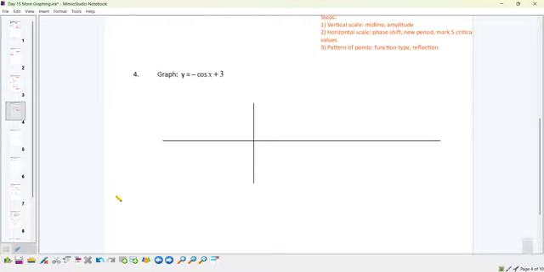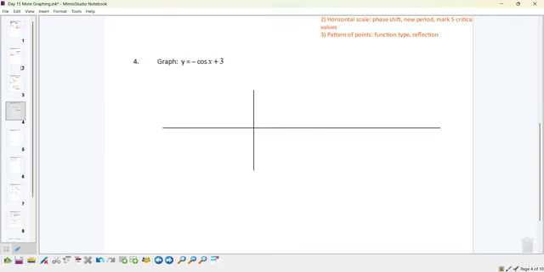All right, and number 4, try this graph. Pause the video again. You've got a midline at up 3, an amplitude of 1, no horizontal dilation to change the period, so we've got our quadrantals.